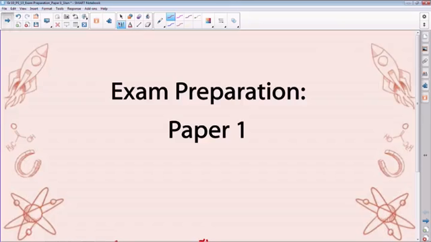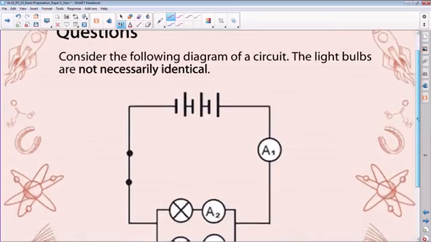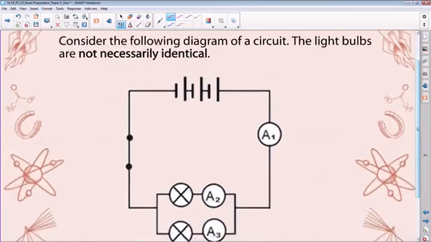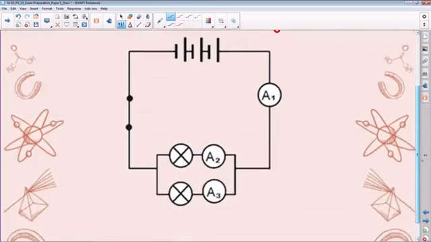Now if you look at the first question, which is a multiple choice, it says consider the circuit diagram below. So this is a circuit which is presented in terms of symbols. The light bulbs are not necessarily identical. So we want to think of these light bulbs as resistors that have been connected in that way.